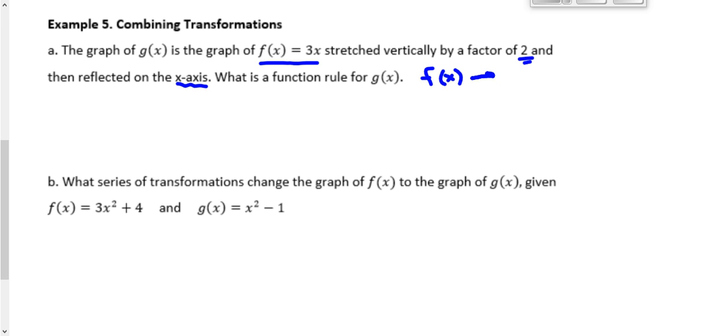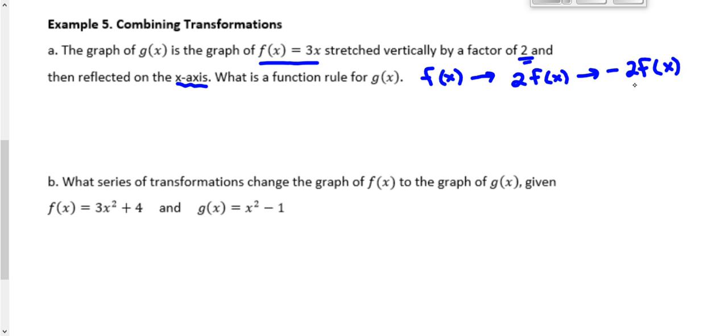What we want to do to that then is stretch it. So we're going to stretch by a factor of 2. That means 2 times our value of f of x. And then we want to reflect it on the x-axis. That would make all of our y values become opposite signs. So we would say negative 2f of x.